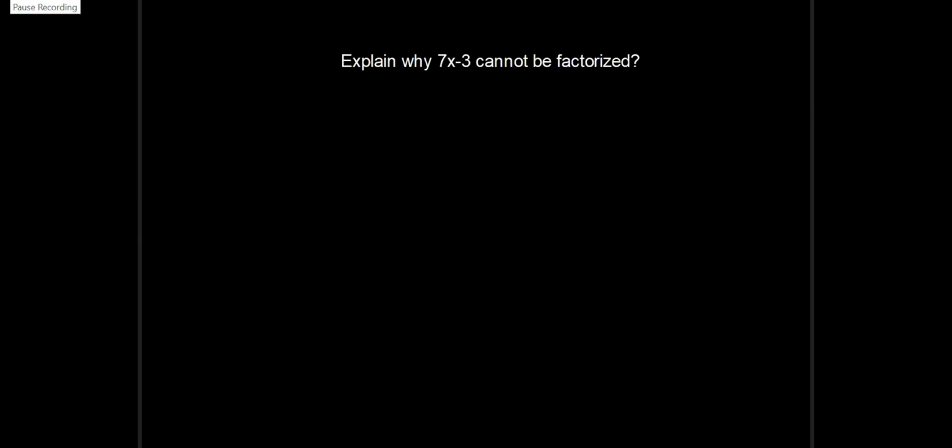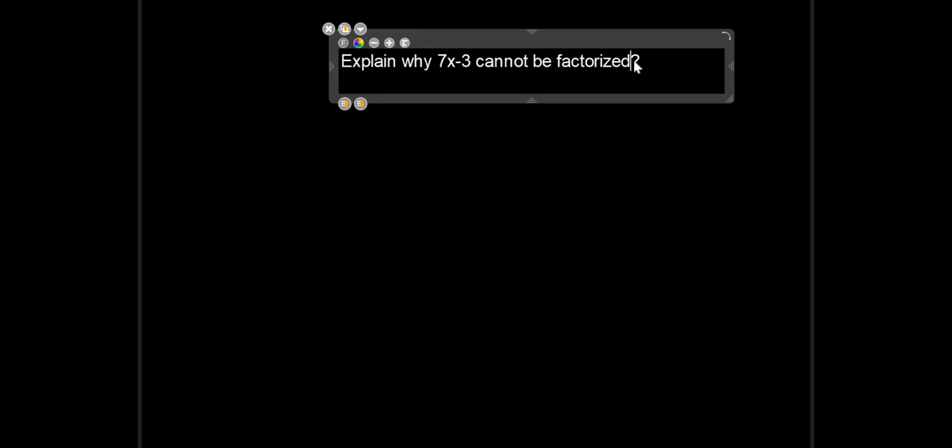Let's look at another example. Explain why the expression 7x minus 3 cannot be factorized. Well, we could do this in more than one way.